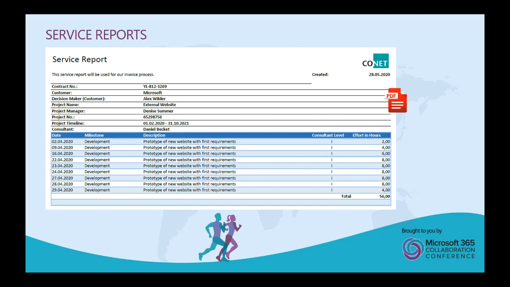So at the end, we have a total effort. Yeah, and at the top right corner, also a created date. So when did the consultant create a service report? Yeah, and as I said, we have this template in Excel. At the end, we have a PDF version because that's the signed version we have later on.